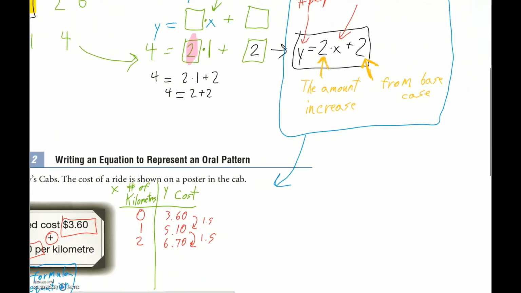Thinking back to how we did it before, we want to have y equals some number plus, some number times x. Okay, this is a binomial. So what we need is this, this is how much it's changing by. So we can take that from right over here, and then this one is our base case, which we can take from right over here.